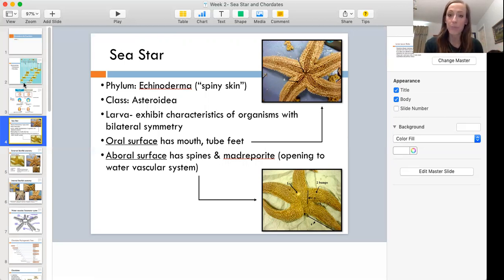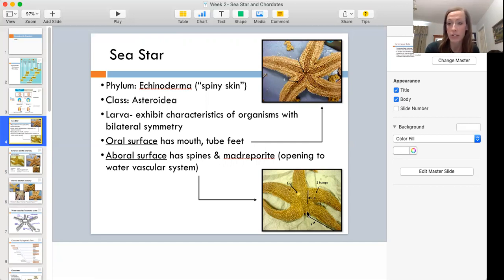As an adult, it tends to take on more of this radially symmetric appearance, where you've got the central disc in the sea star surrounded by 5 arms, usually 5, it can vary. But as a developing larval stage, it exhibits bilateral symmetry.